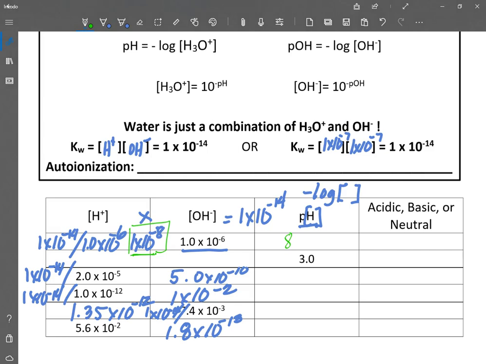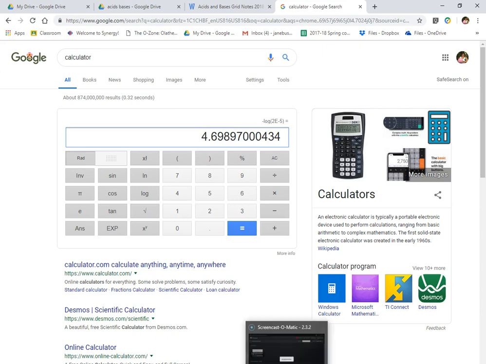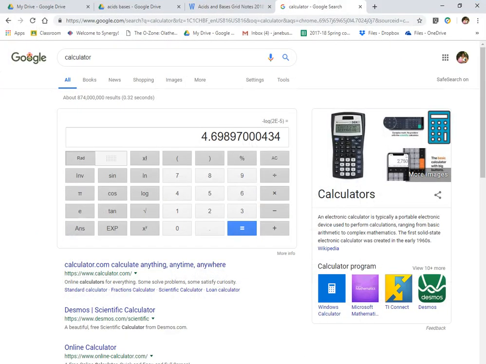The next one, if I take the negative log of 2 times 10 to the negative 5th, we get 4.69, which I will round to 4.7. The next one, 1 times 10 to the negative 12th, we're going to do negative log 1 exponent negative 12, and we get 12.